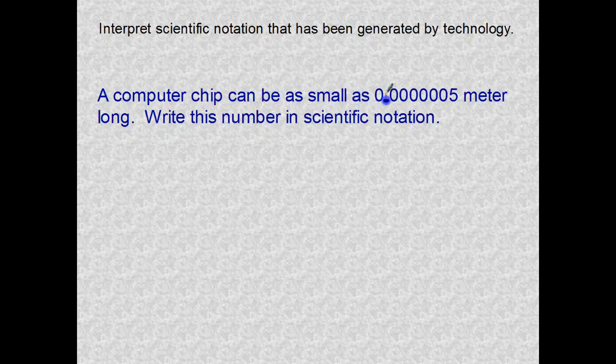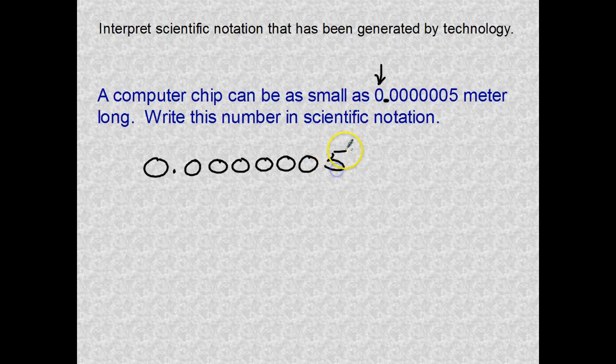Looking at the number before the decimal right here, it is not 1 through 9. So we're going to have to bounce that decimal. How many zeros are there? 1, 2, 3, 4, 5, 6 zeros, and then a 5. All right, let's do our bounce. If you were in the class right now, I'm actually bouncing like a bunny rabbit.